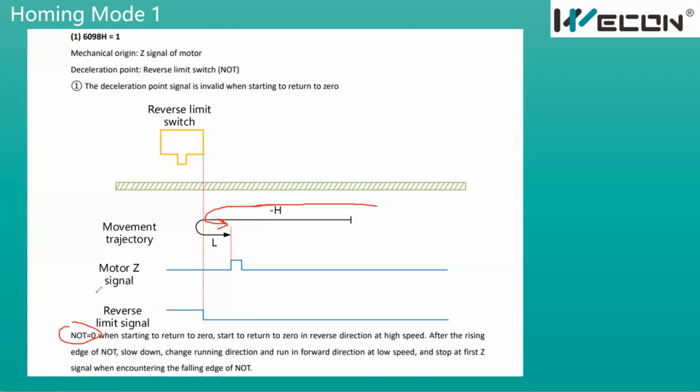And when this input changes to 0 again, the motor will stop after the first Z signal of the motor. And then stop. So the home motion is finished. This is the first condition.